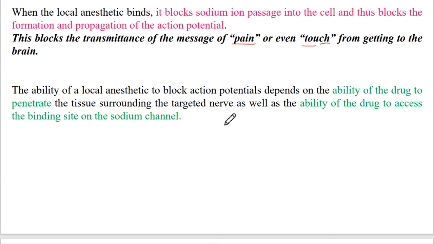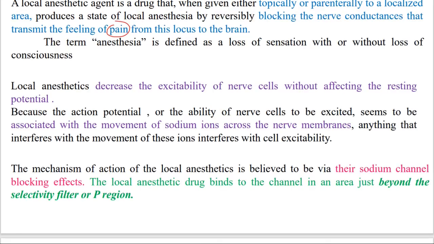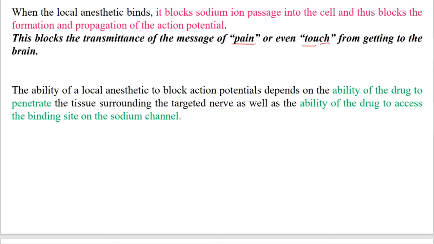So what happens when the local anesthetic binds to the receptor? It binds to the channel, the area beyond the selectivity filter or the P region, thereby blocking the passage of sodium ions, and thus that blocks the formation and propagation of the action potential.